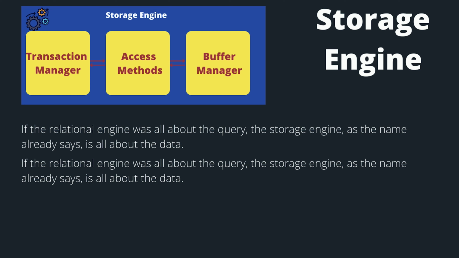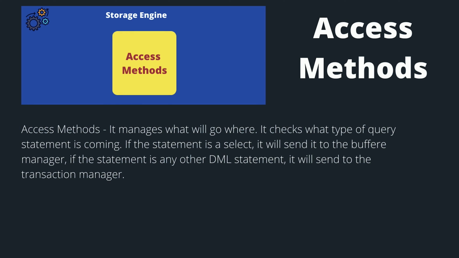So it's the execution plan that it receives, and then the access method is this gate. We will talk about that in a bit, but based on the type of execution plan that comes, it will know what to do. So access methods manage what goes where. Once the execution plan comes, the access method will check and see, okay, is this an update, insert, delete, merge, or is this a select?